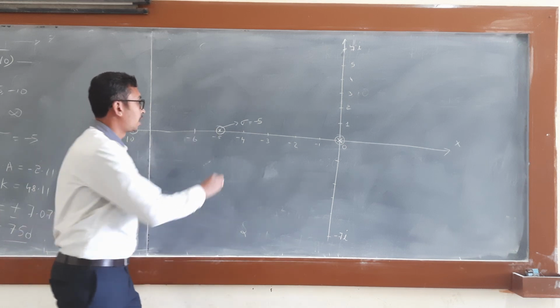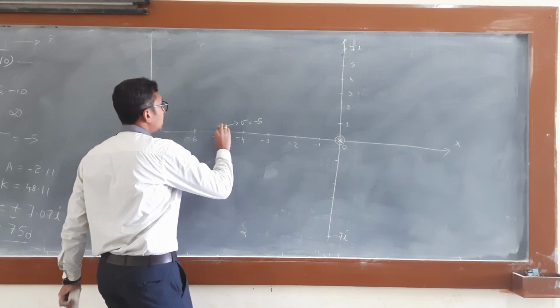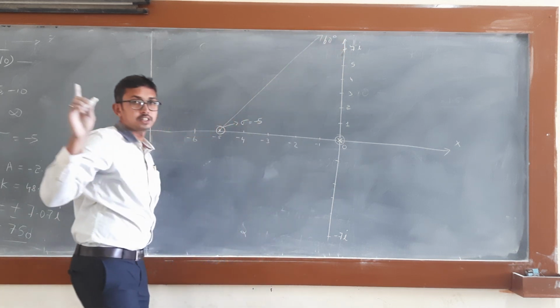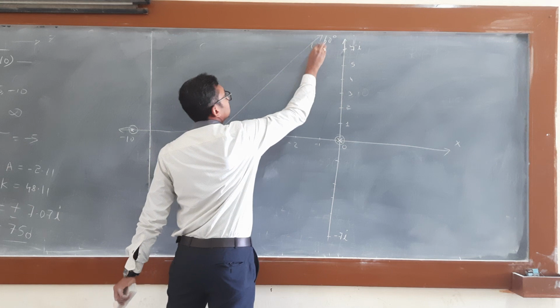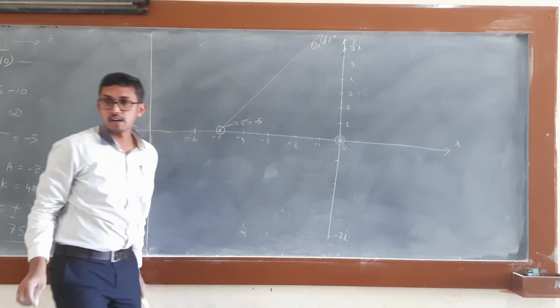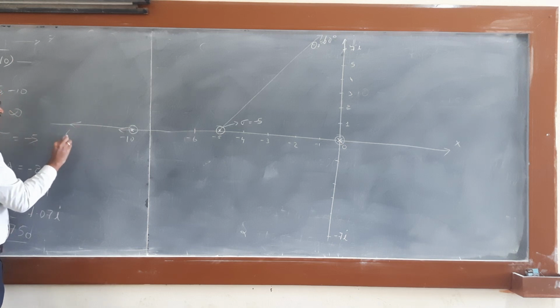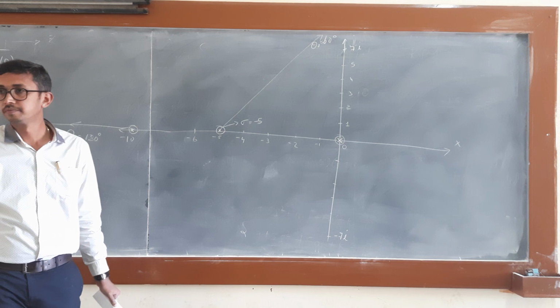So from the centroid, approximately, I am going to draw the 60 degree line up. So this is theta 0. Correct? Next, theta 1. How much is theta 1? Theta 1, that is 180 degree.